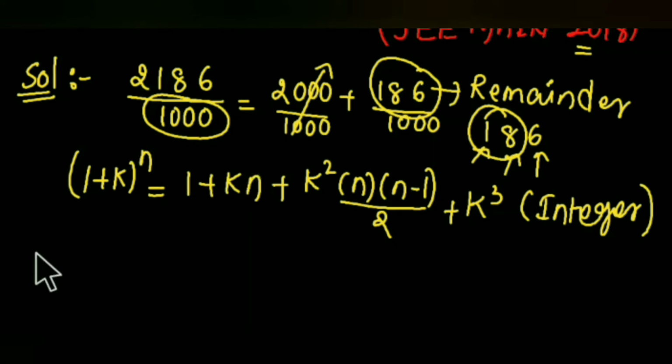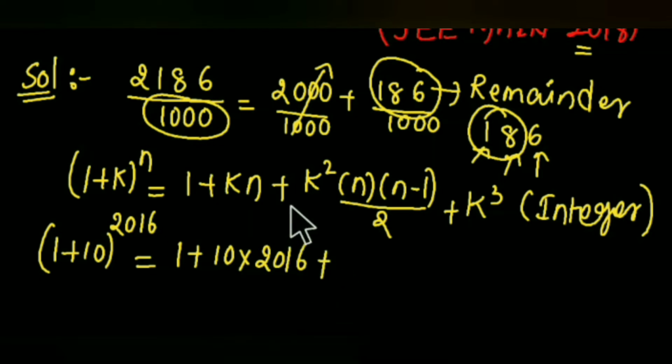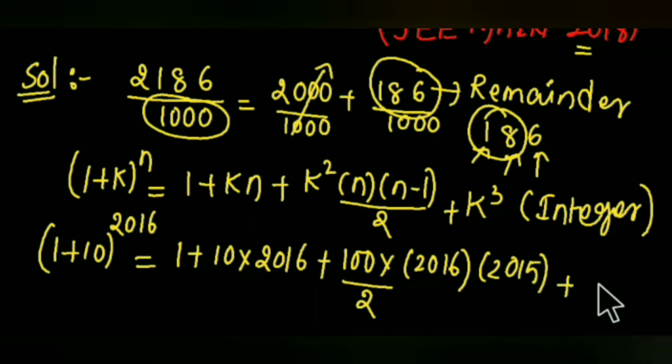Let me try. I am writing this as 1 plus 10 to the power 2016. According to the formula, this is 1 plus 10 into 2016, plus k square, which is 100, into n, which is 2016, into 2016 minus 1, which is 2015, divided by 2, plus k cube, which is 1000, into some integer.